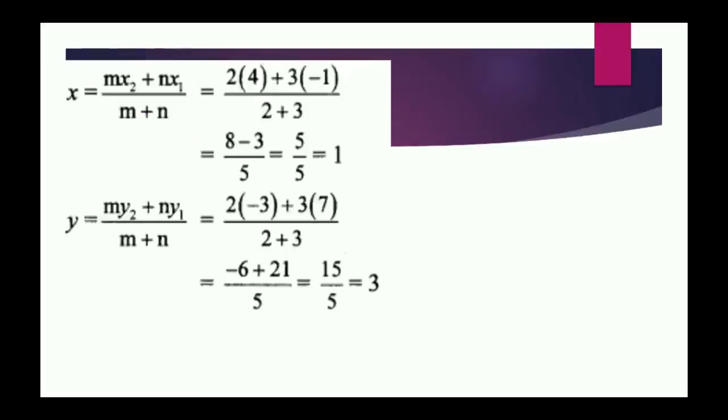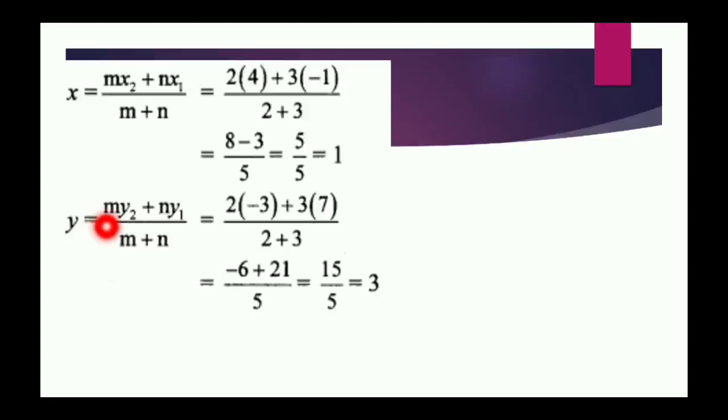By the section formula, x is equal to (m x2 plus n x1) upon (m plus n). Let's substitute the values: 2 times 4 plus 3 times -1, upon 2 plus 3. So we have 8 minus 3 upon 5, that is 5 upon 5, equal to 1.